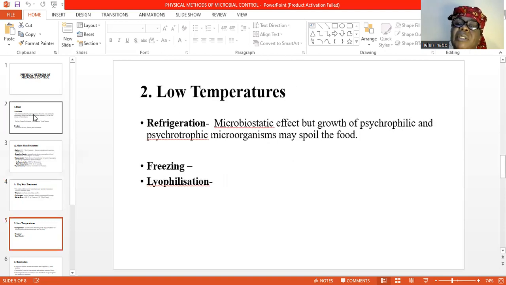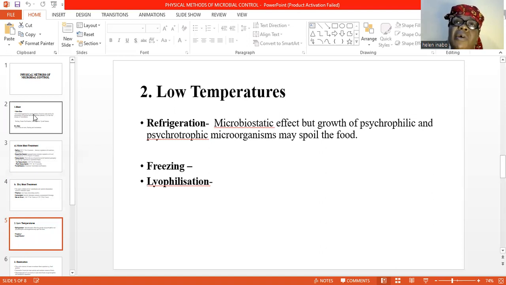Low temperatures can be used to control microorganisms. In fact, the use of refrigeration exerts a microbiostatic effect. What does that mean? The suffix static means inhibition of microbial growth.